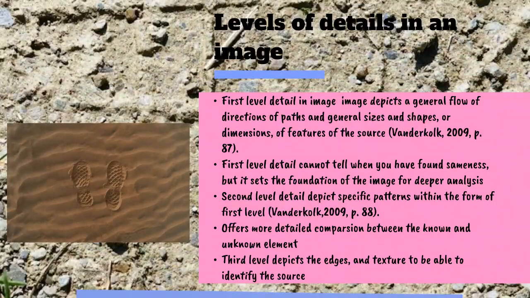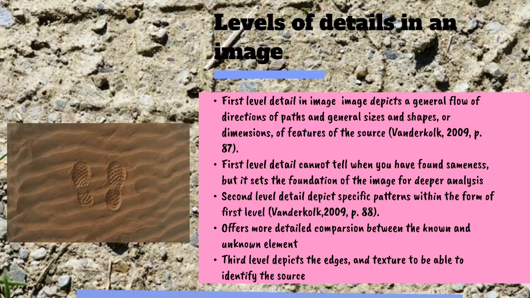Now let's take a look at the levels of detail in the image. Previously in this class, we have looked at this from different aspects. I believe the first level of detail is the main foundation. This is the blueprint.